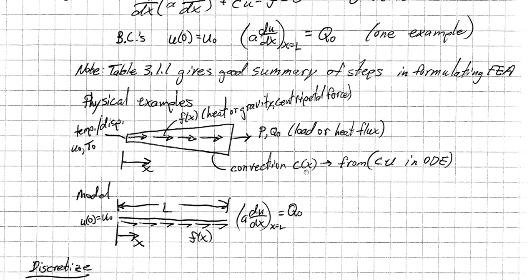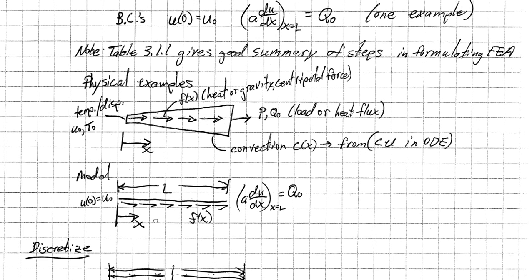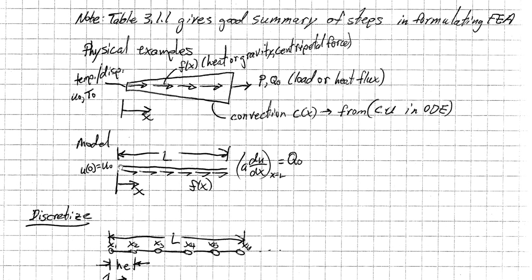So remember earlier we talked about heat transfer problems where you may have convection internally over the perimeter of a bar. So our model for this is just a one-dimensional line along x given length L, with these internal fields or gravitational loads and boundary conditions on each side.